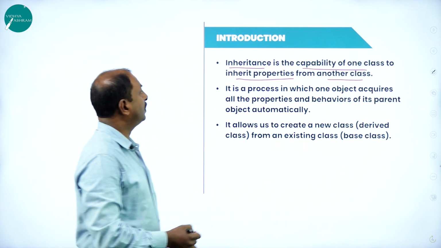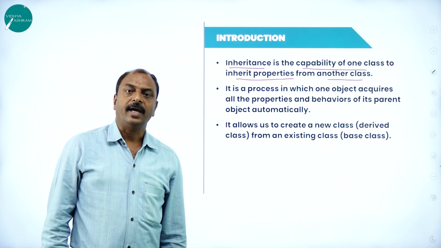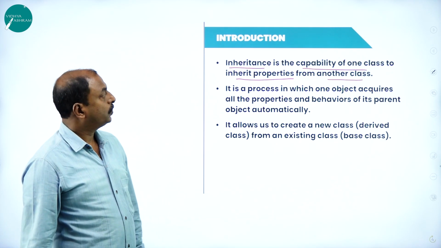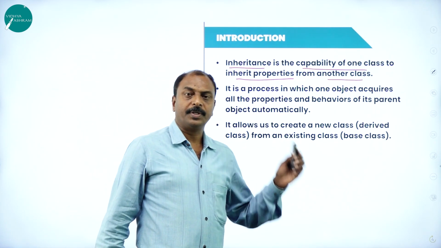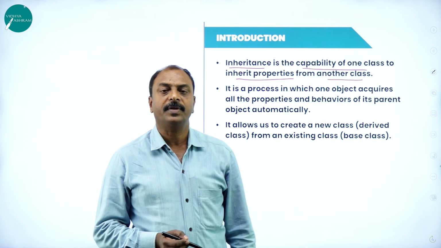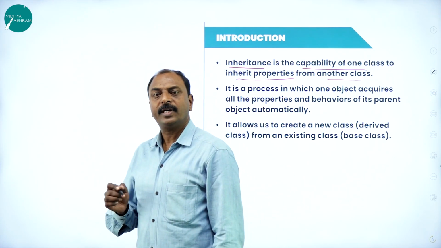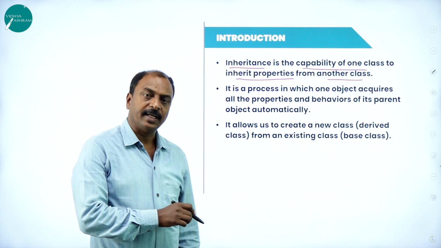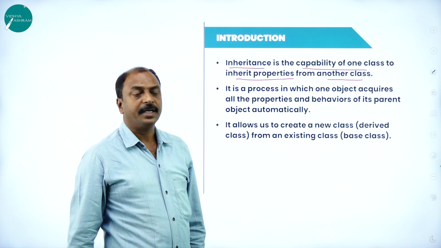There are two classes here. One class inherits properties from the other class, or we can say one class acquires the properties from another class. That is the concept of inheritance.